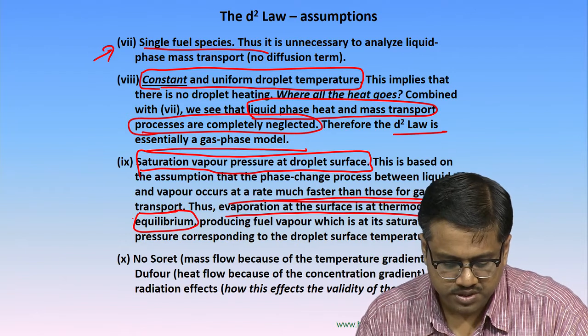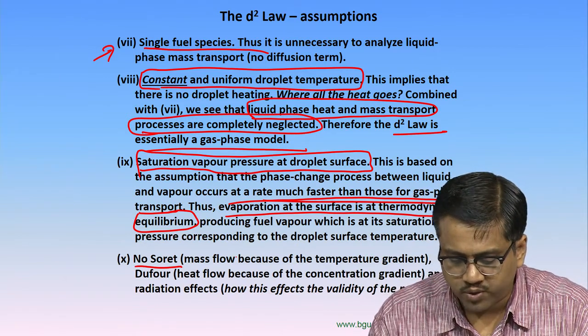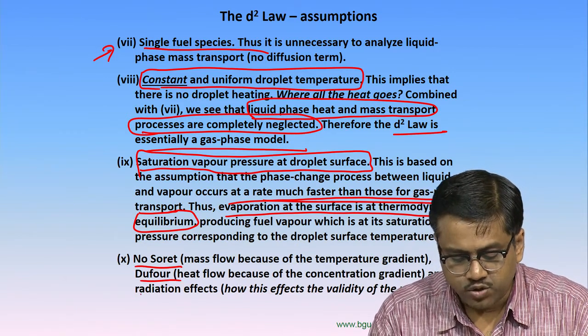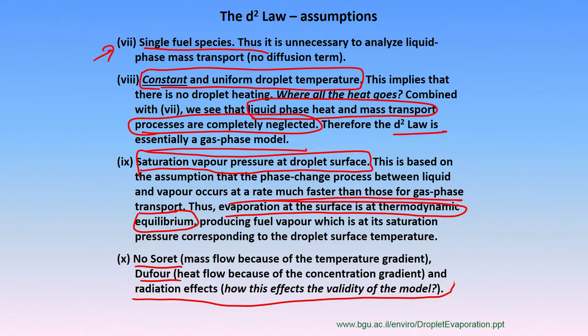Now, no Soret effect or Dufour effects, and radiation effects are admissible over here. Soret and Dufour are second order effects. Okay. You know that your thermocouple operates on these kind of second order effects.